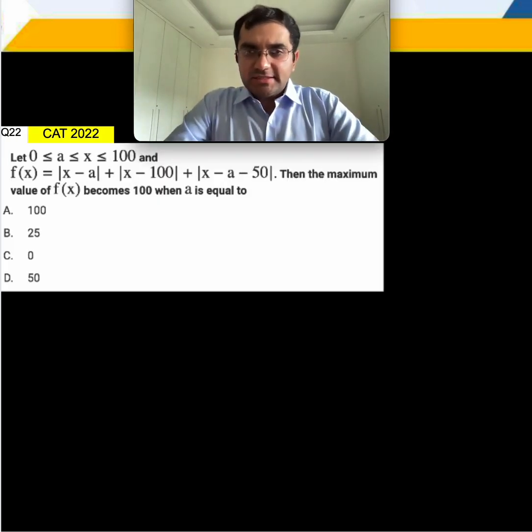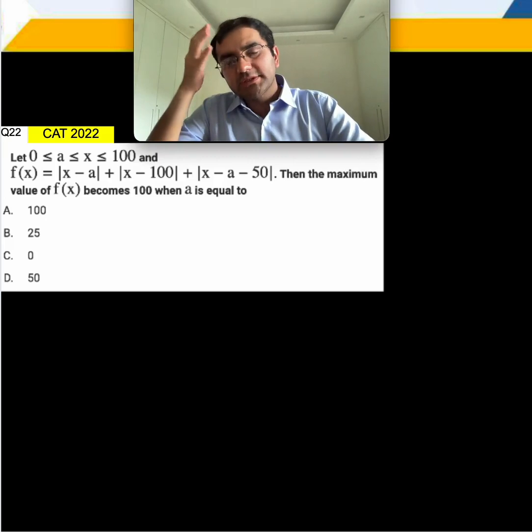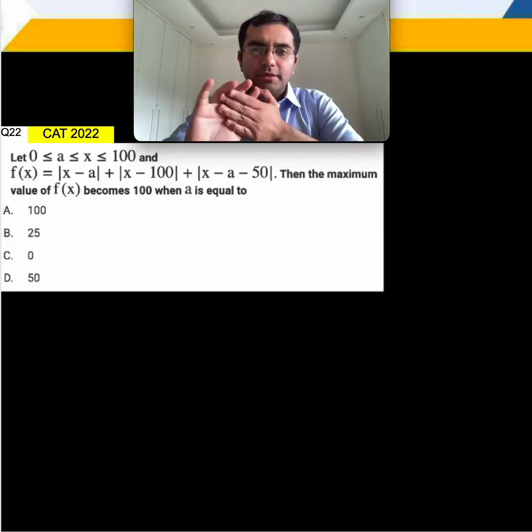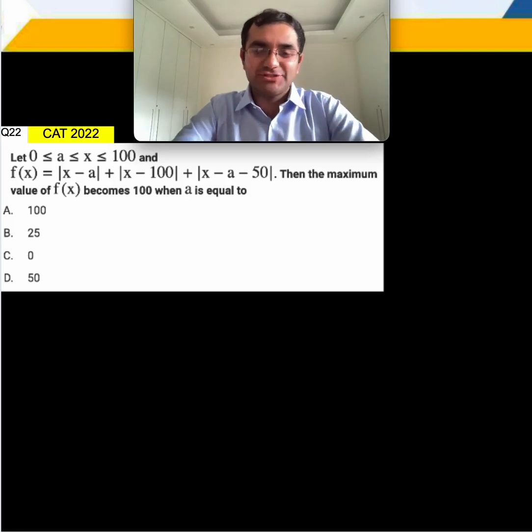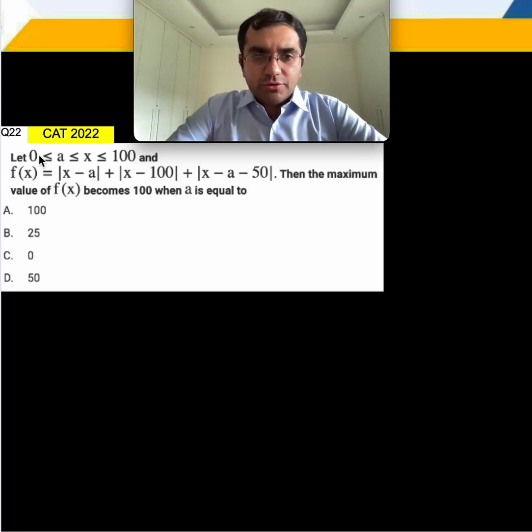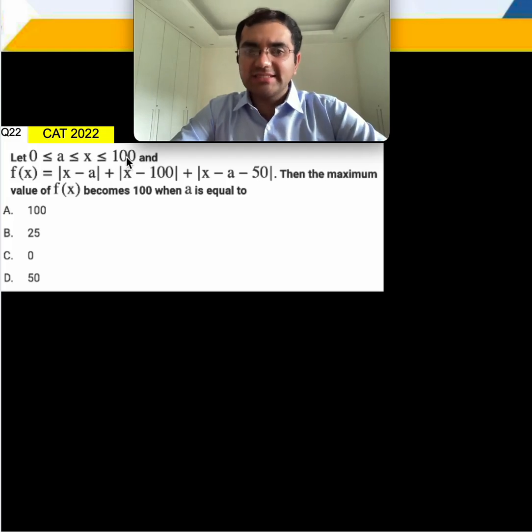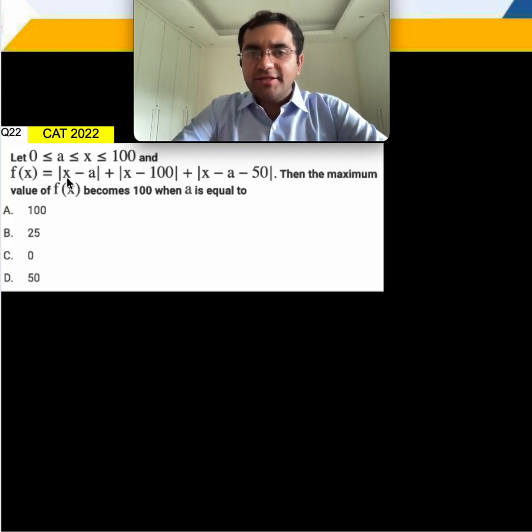This is a question on modulus. If you look at it, you wonder कि ये क्या मजाक है. But it is actually just one of the questions for approximate graph plotting in the mod chapter, right? So there's a range that 0 is less than equal to a is less than equal to x is less than equal to 100, and then you have a function.